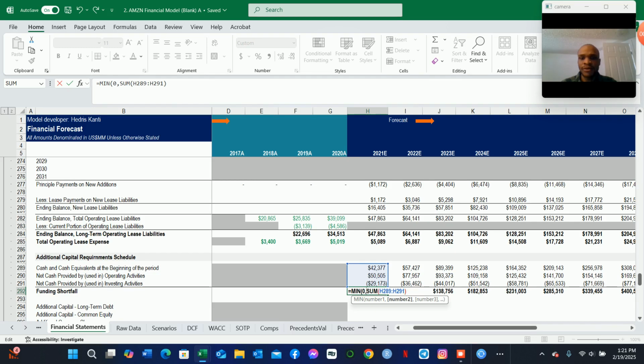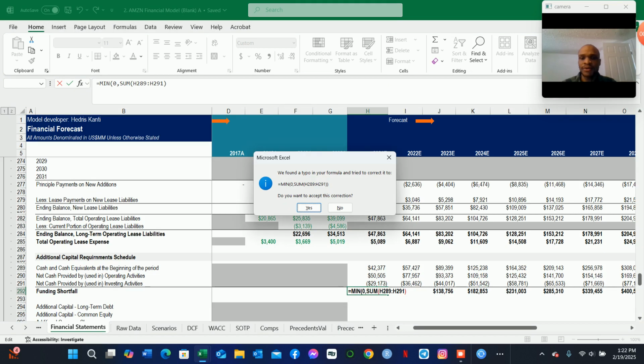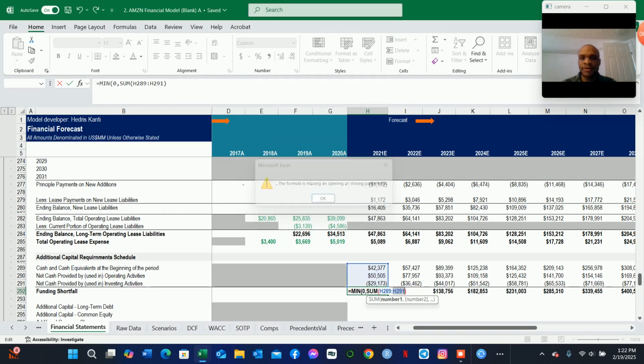Otherwise, let it give us the sum of the cash and cash equivalents at the beginning of the period, the net cash provided or used in operating activities, and then we deduct the net cash provided or used in investing activities. So that's exactly what we are saying here. If there was any negative cash balance, that will be reflected here. So we have that in place. We can make sure that we close the bracket two times.